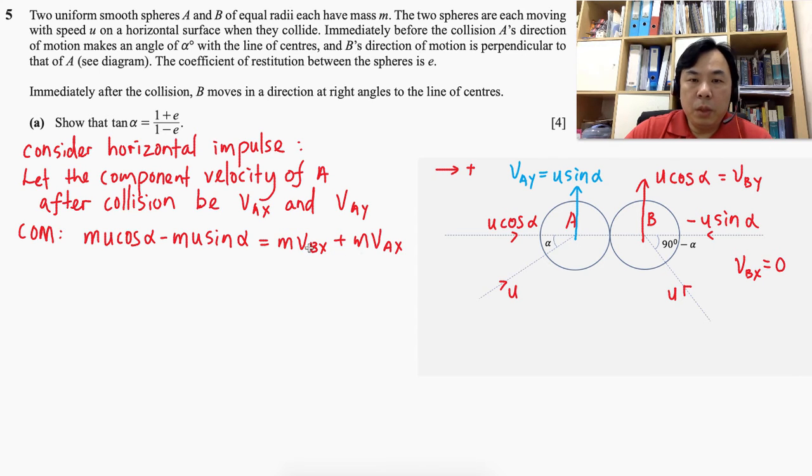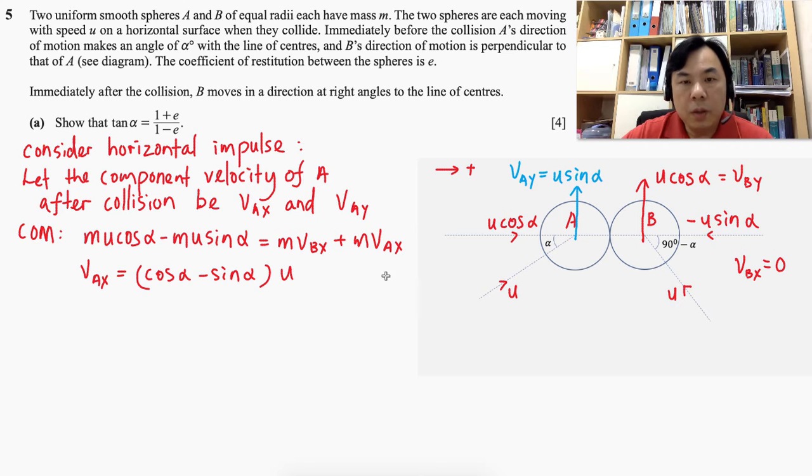Now from here we know that the horizontal component after the collision for sphere B is equal to 0. Therefore, we can simplify this: the horizontal component for sphere A after collision will be given as u cos alpha minus u sin alpha. Now there you have it. That's a very important result that we're going to make use of in a while.